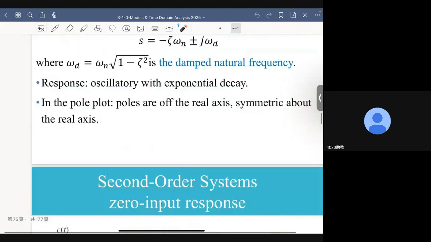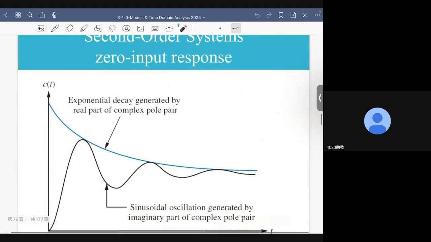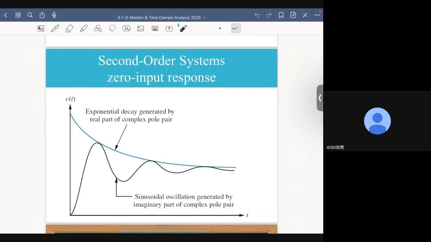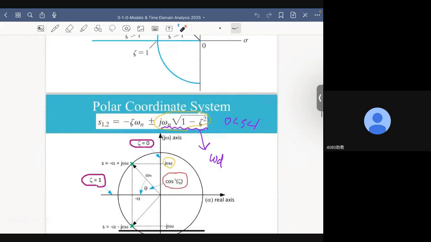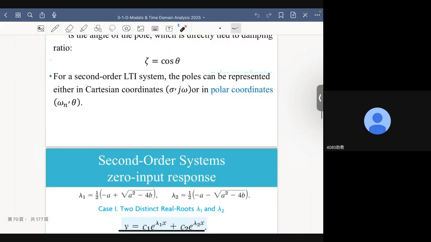Okay. Let's go one step further. Now, we want to understand more about the impacts of the location of the pole. And remember that the pole is actually a complex number. This is the real part, and this is the imaginary part, all right?